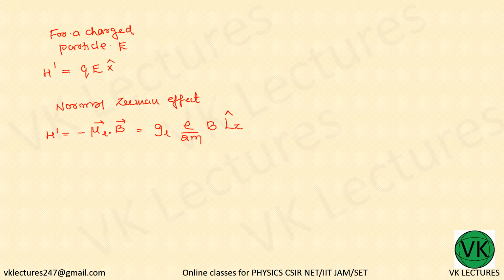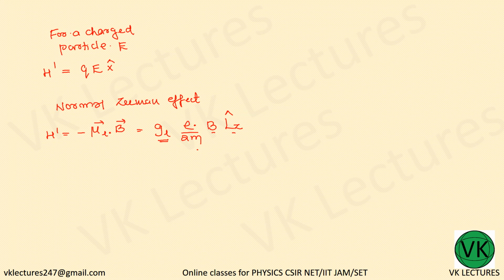GL is a constant corresponding to the orbital angular momentum, E is the electric charge, m is the mass, B is the magnetic field, and LZ is the angular momentum corresponding to the Z axis.